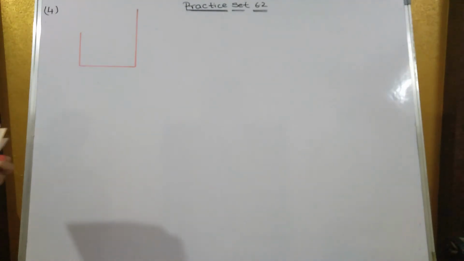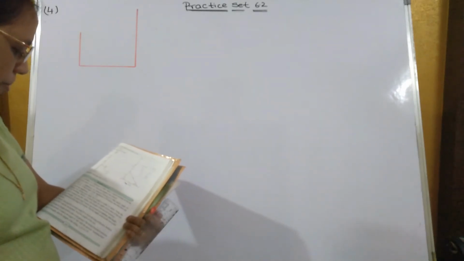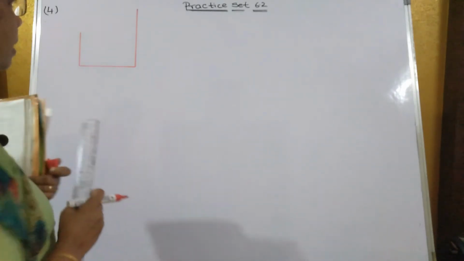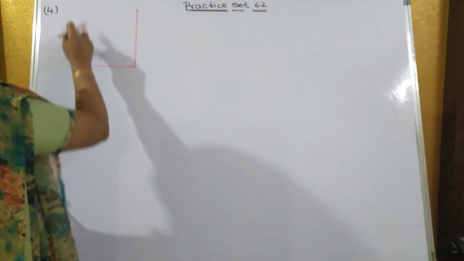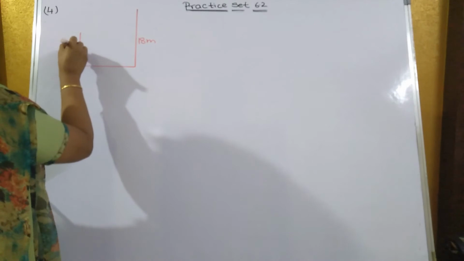Now fourth sum, they have given two poles of heights 18 meter and 7 meter are erected on a ground. The bigger one is 18 meter, the smaller one is 7 meter.